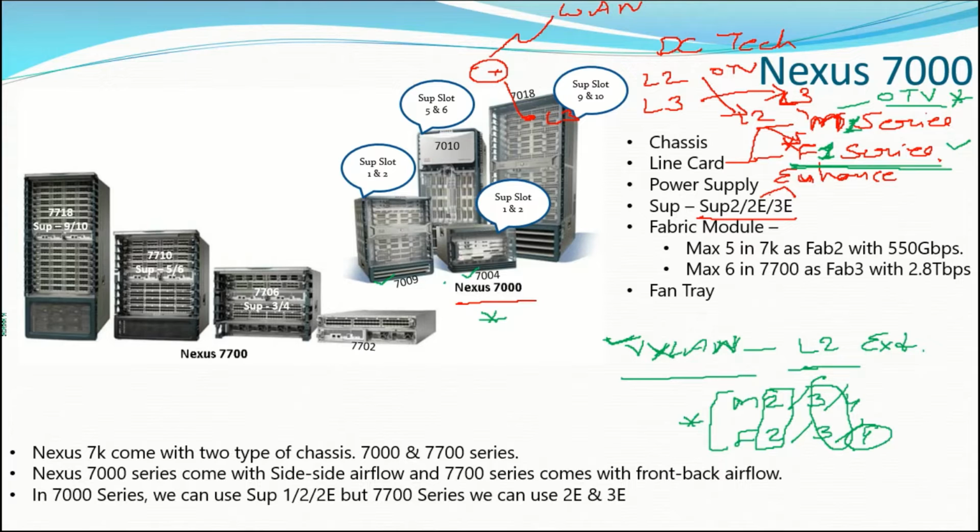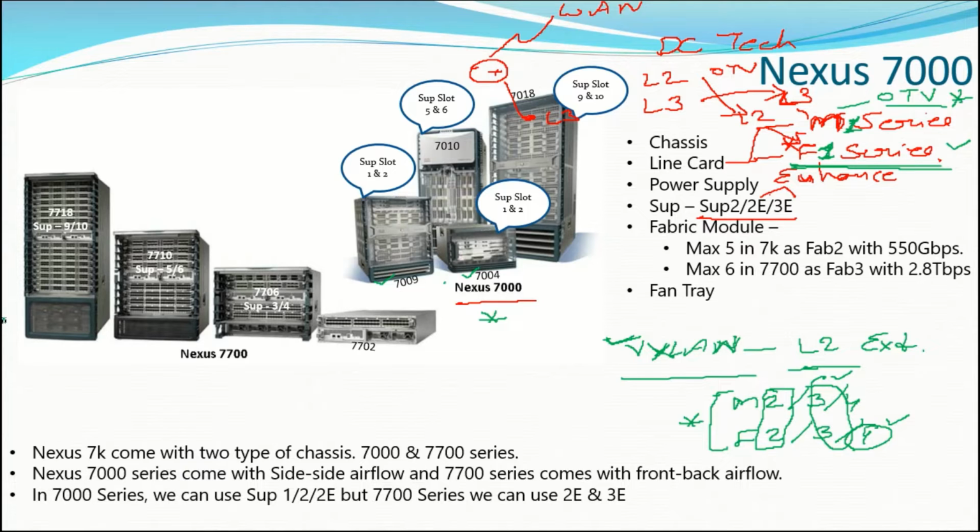So as of now we can use any of the series with this latest generation, either M3 or F3 or F4. These latest generation cards are going to support all the Nexus data center technologies.